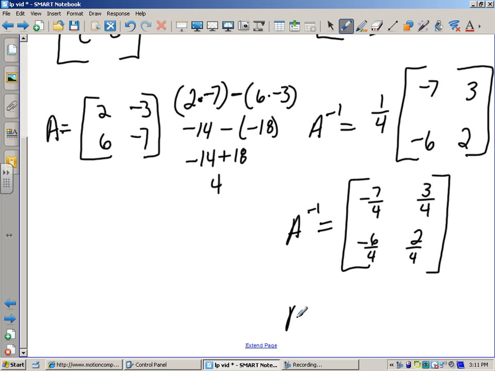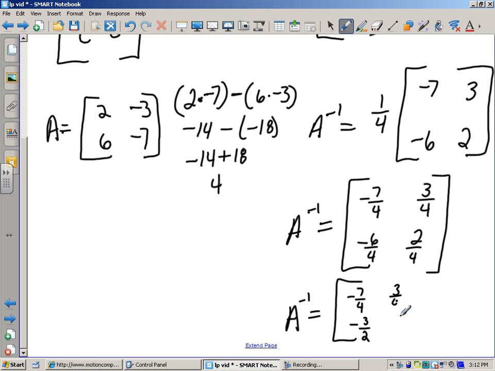Now we're almost done. All we have to do is simplify these fractions. We still have -7/4 here. We have 3/4 here. Negative 6/4, we divide a 2 out of both the numerator and denominator, and we get negative 3/2.